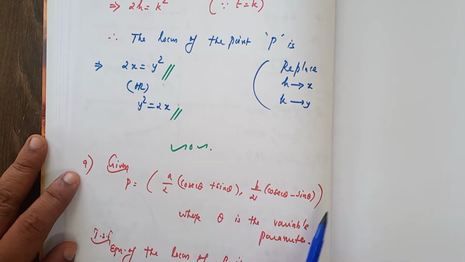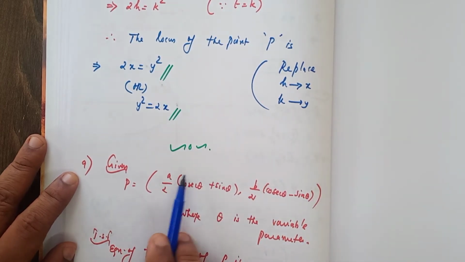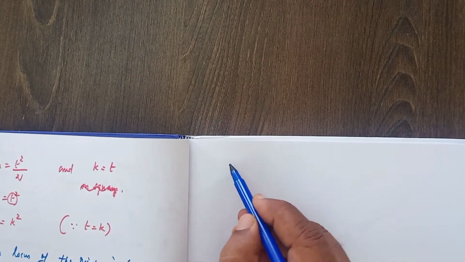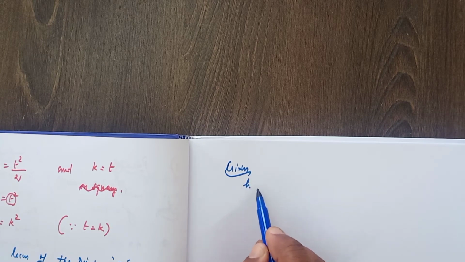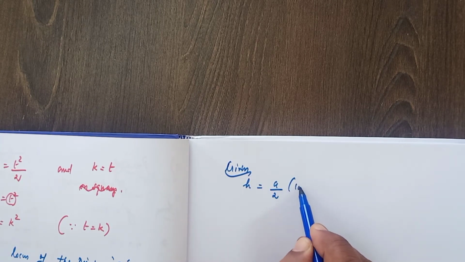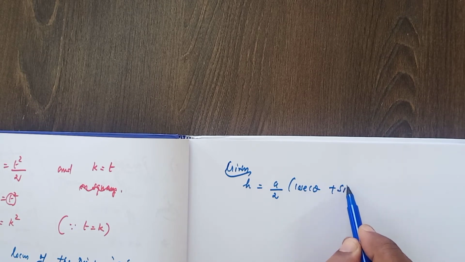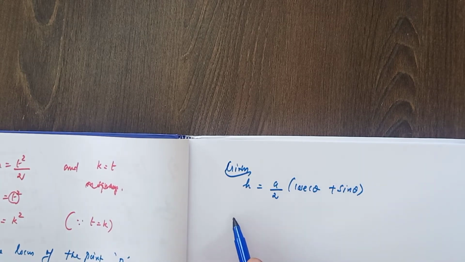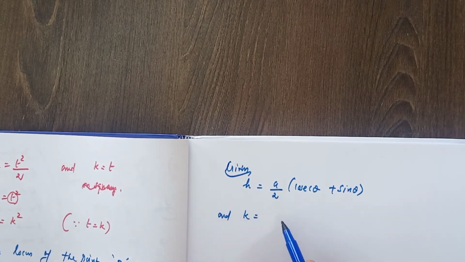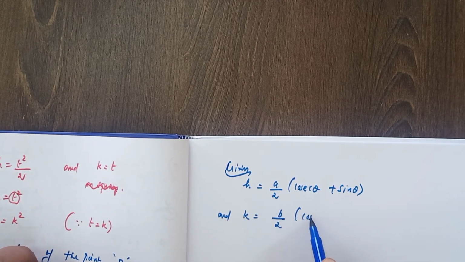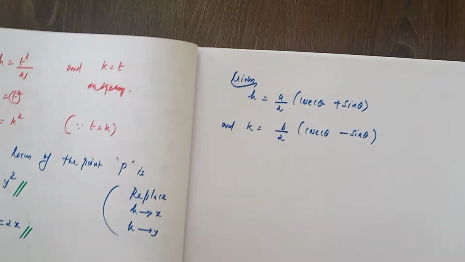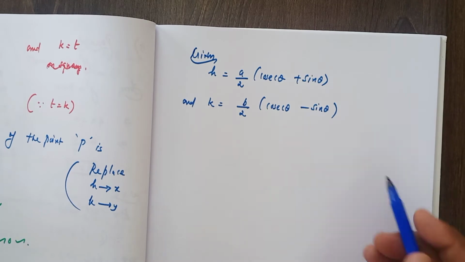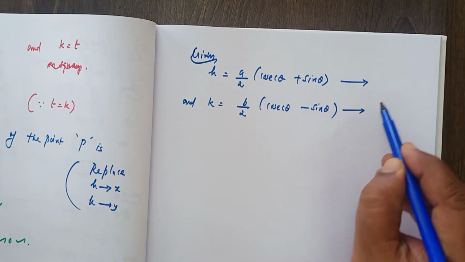So by data, h is equal to a by 2 into (cosecant theta plus sin theta) and k is equal to b by 2 into (cosecant theta minus sin theta). Okay, this is h and k, h comma k.